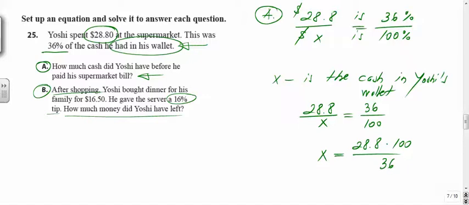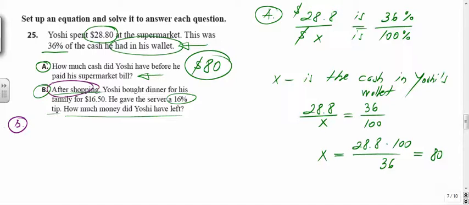And if you calculate that, right, you have 28.8 times 100 divided by 36. And that should give you $80. Okay, so we know that Yoshi had $80 in his wallet. Okay, let's move on to part B.